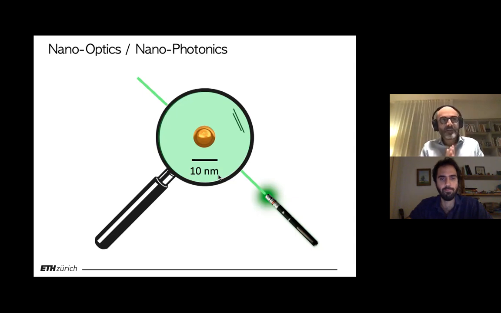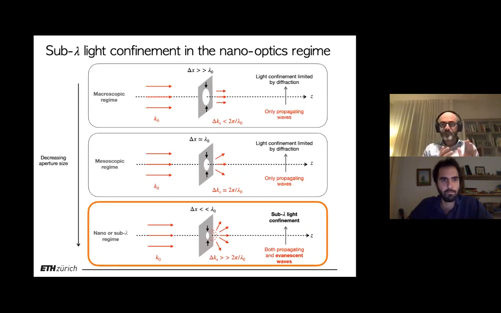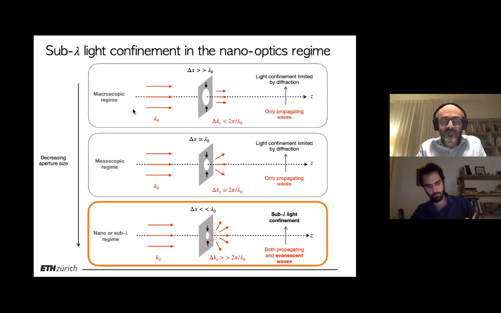To start answering this question, I would like you to imagine a very simple model experiment, where you have light impinging on an aperture in an opaque screen. We will consider that this incident light is a plane wave.